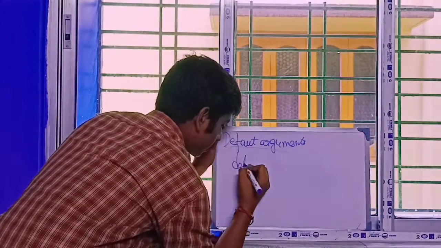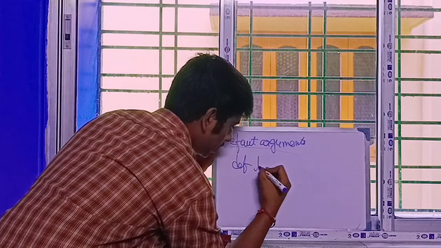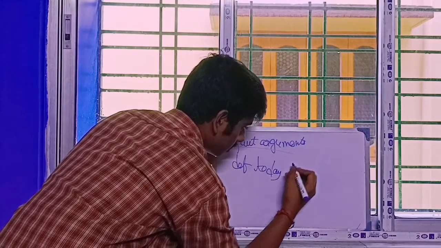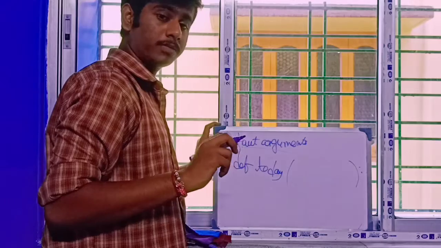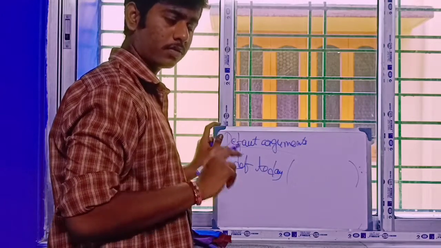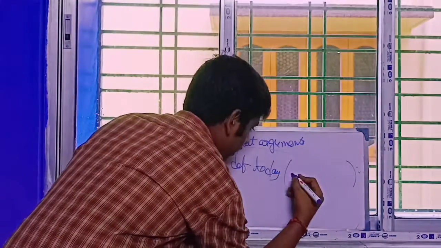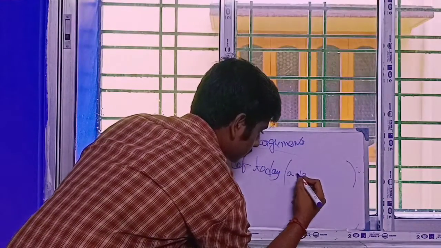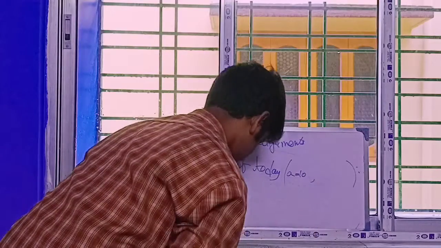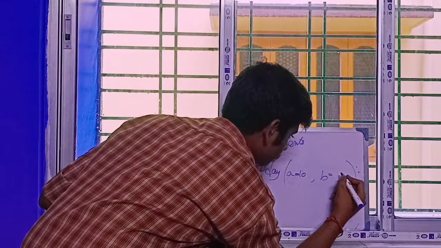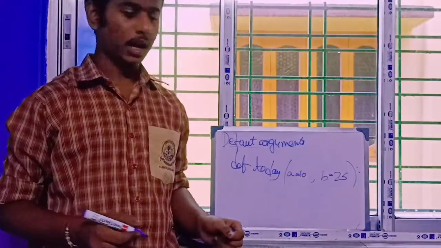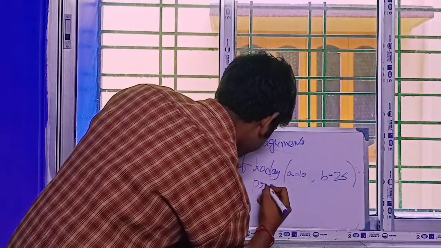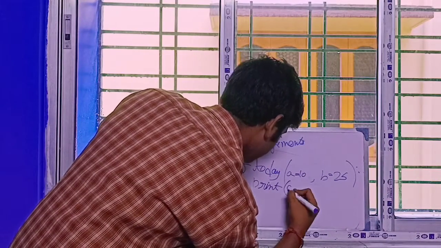First, creating a function def today, and here in this parenthesis we have to specify the values of the variables which we will give. So we are adding a equal to 10, b is equal to 25. Okay. And now we are adding print a comma b.